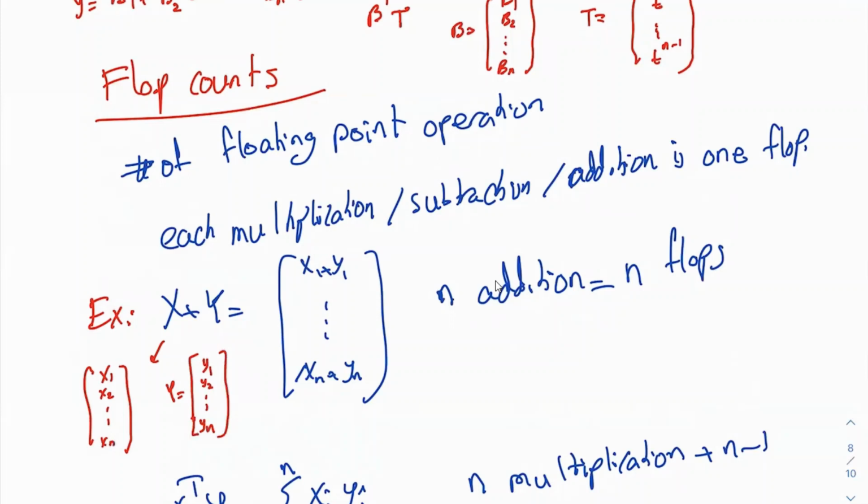So x plus y, we know that component-wise, we add them together: x1 plus y1, x2 plus y2, and all the way to xn plus yn. Look at this: for every component we have one addition only. One addition here, one addition here, one addition here, and one addition here. We have n additions. So the number of flops is n flops for x plus y.